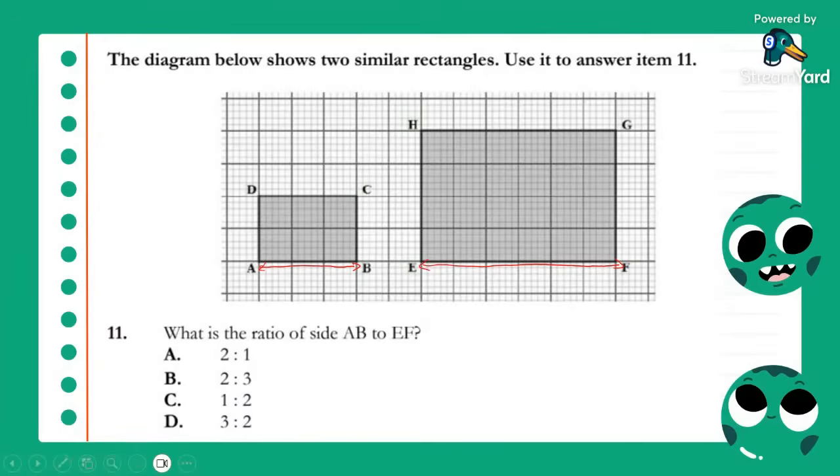Now, when we're thinking of these similar rectangles, when we think about the ratio, we want to see the proportion of one rectangle to the next. And since they're talking about this side, we're going to talk about the proportion or the ratio of this side to the next side. AB to EF.